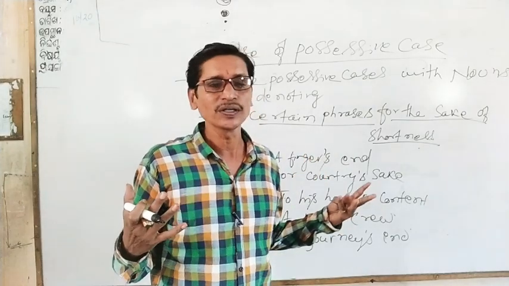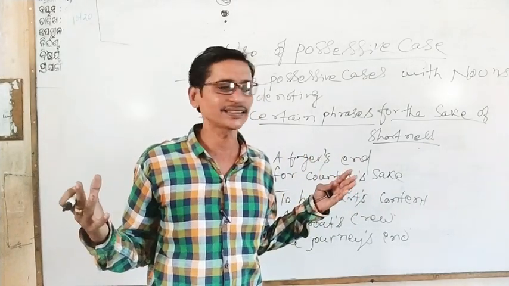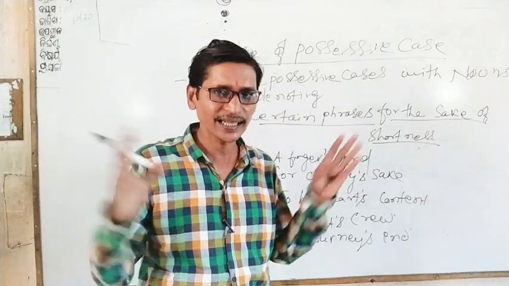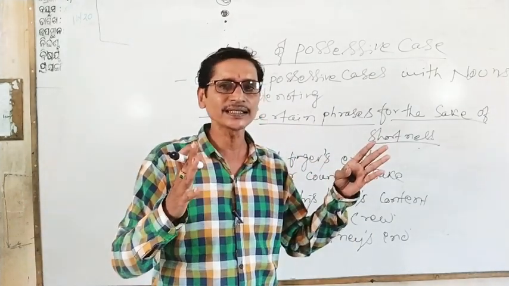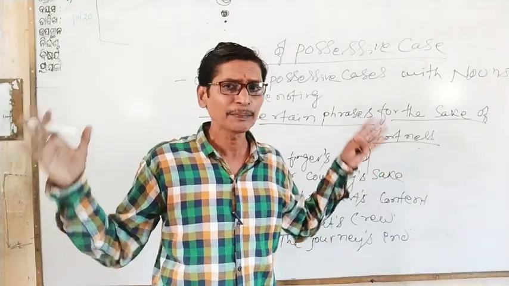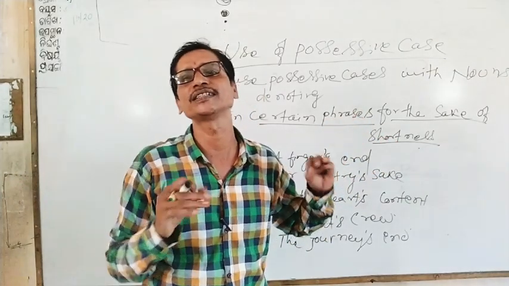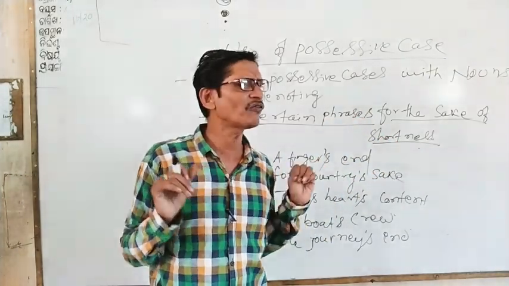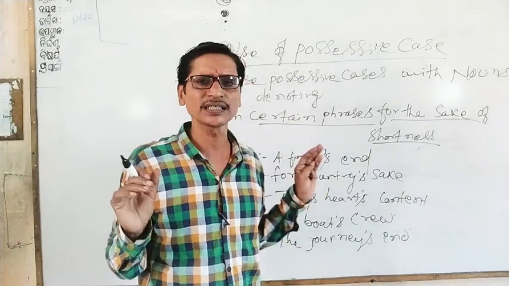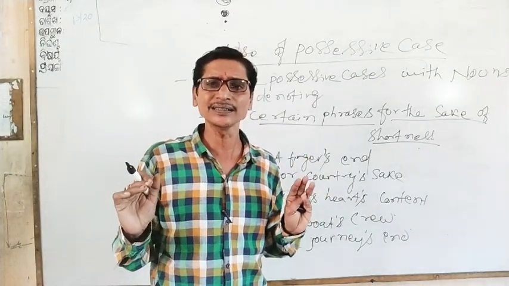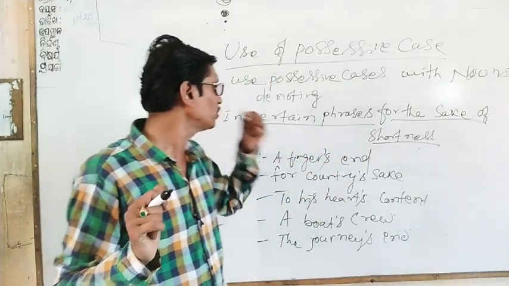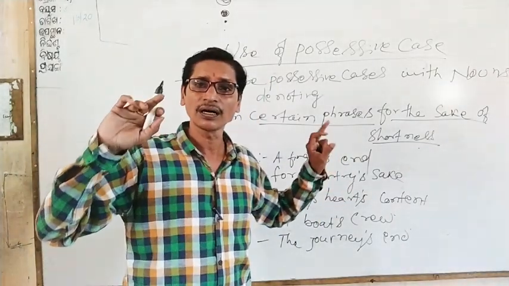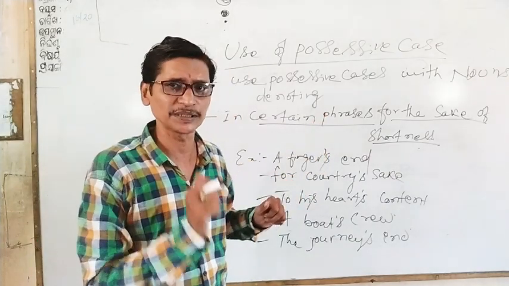Because as we know, if the number of words in our sentence is less, people understand more and more. If the number of words increases, people understand less and less of its meaning. Therefore, we must often try to make our sentences shorter. So, to make our sentences shorter, sometimes we need to use the possessive case with the nouns.